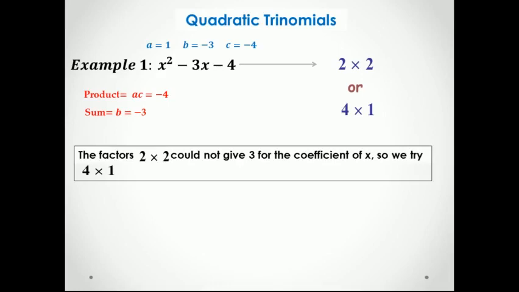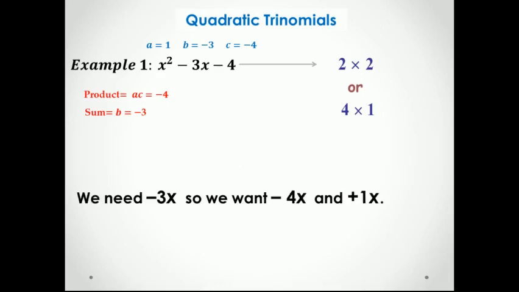Seeing that we want -3x, we'll have to make the 4 negative and the 1 positive. So -4 times 1 will give us -4, and -4 plus 1 will give us -3. So our two factors will be -4 and 1.